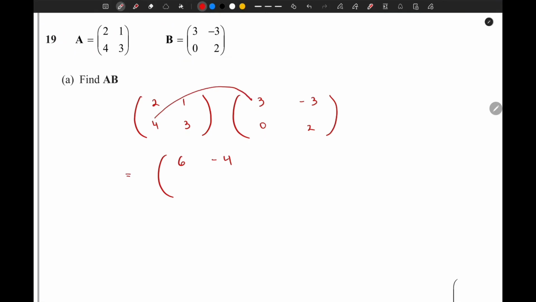So 4 times 3 plus 3 times 0. So this is 12. Now 4 times negative 3, 3 times 2. So that's negative 12 plus 6, which is negative 6. So this is the answer.